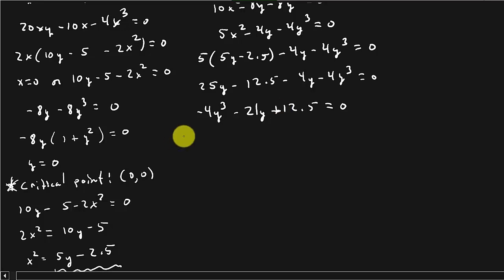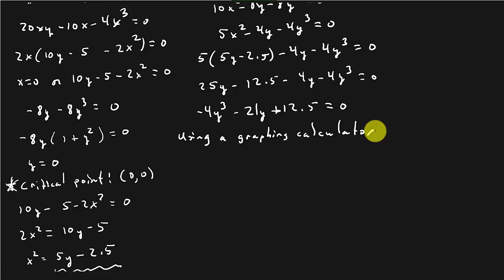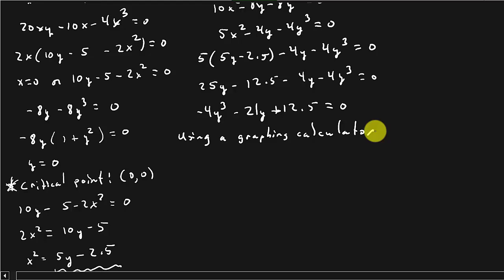Obviously, when you go to solve this, you're going to need a graphing calculator. I'm not going to pull up a calculator. You could use graphing software, graph this, and find where the graph crosses the x-axis, and figure out the y coordinates.